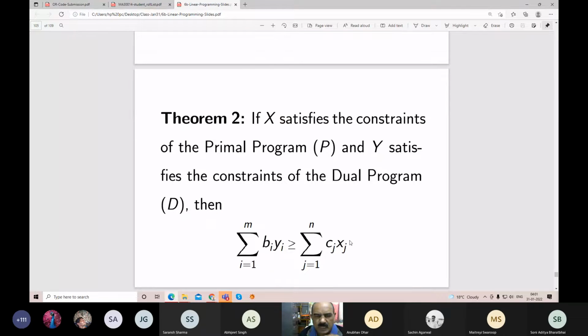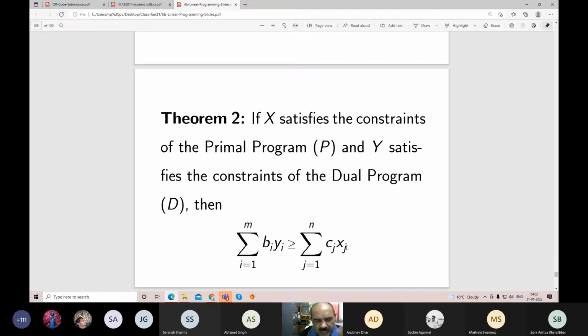See here, if X satisfies the constraints of the primal program P, and Y satisfies the constraints of the dual program D, then the left hand side is the value of the dual objective function, and the right hand side is the value of the primal objective function. The left hand side, the dual objective value, is greater than or equal to the right hand side, the primal objective value.